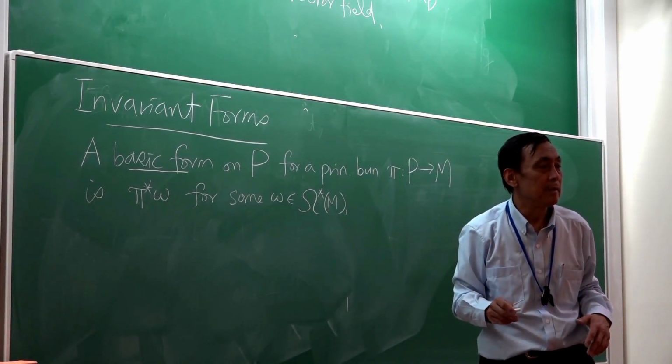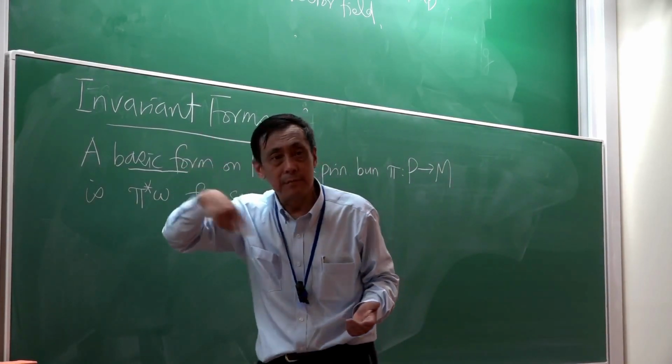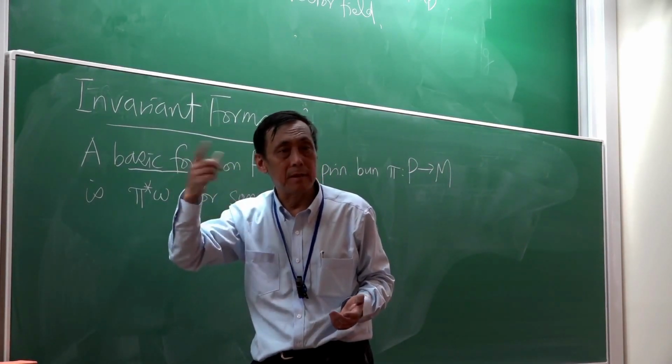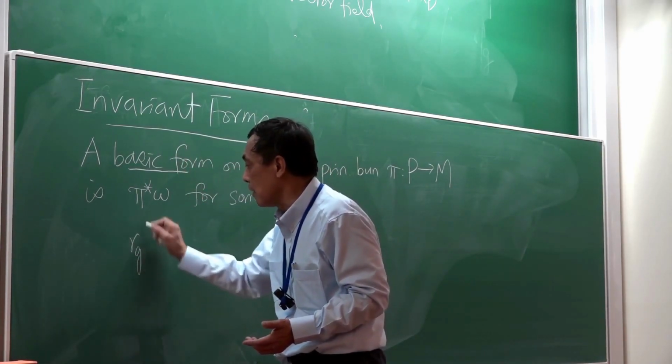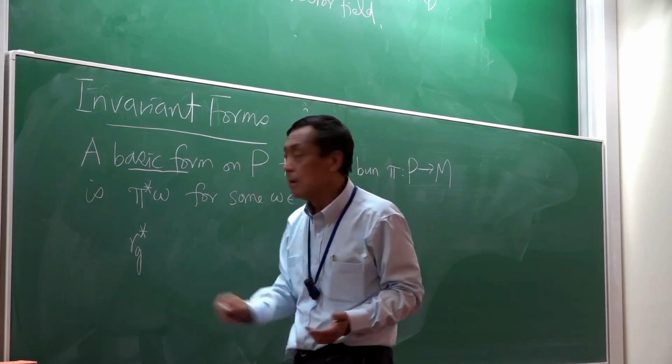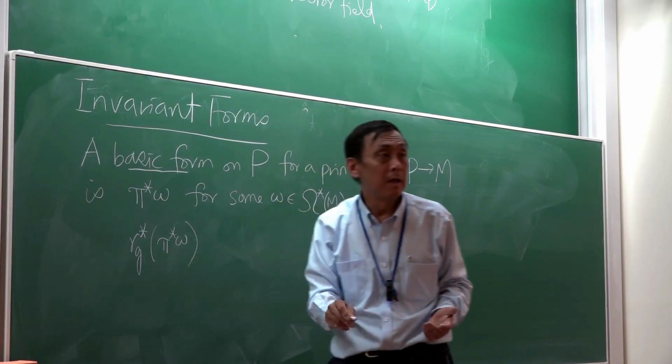And that means if you apply, so G acts on the right on the principal bundle, R_g star of pi star of omega.